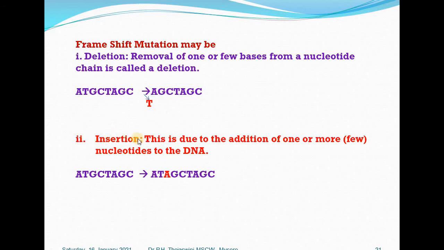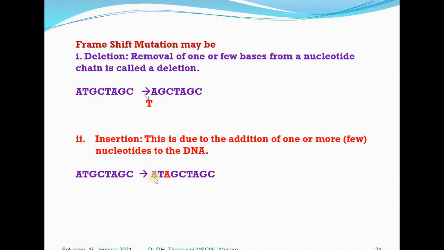Likewise, when there is insertion, there will also be changes in the DNA sequence. For example, if this is the same DNA sequence A, T, G, C, T, A, G, C, if I am adding an extra nucleotide A in the middle, then obviously there is going to be alteration in the gene sequence itself.